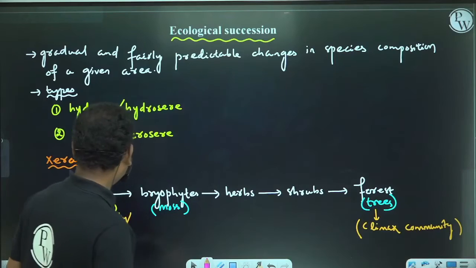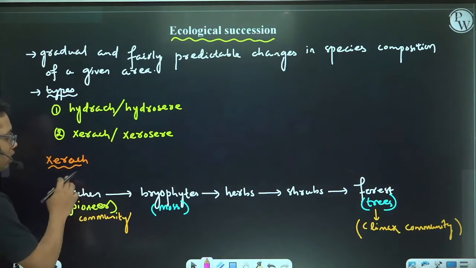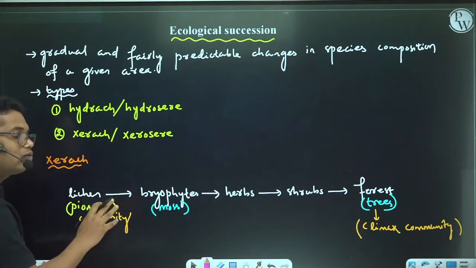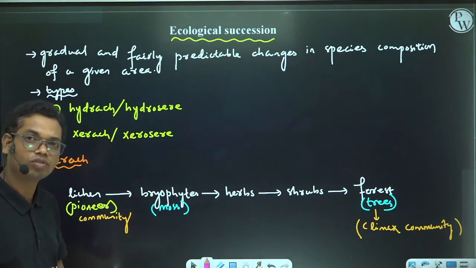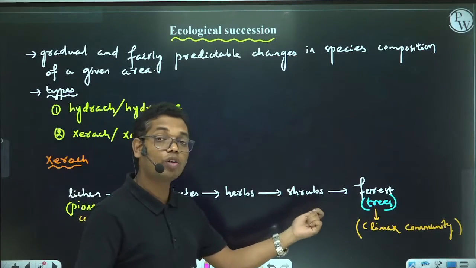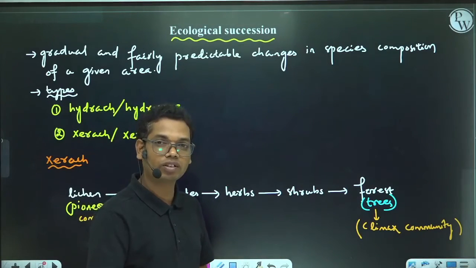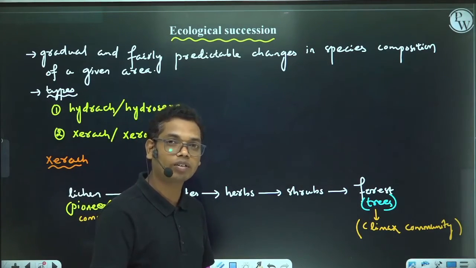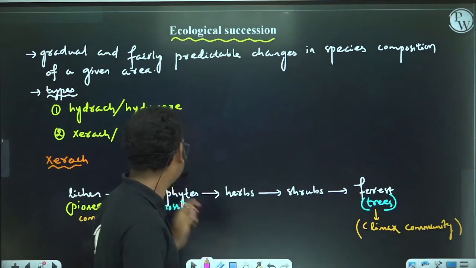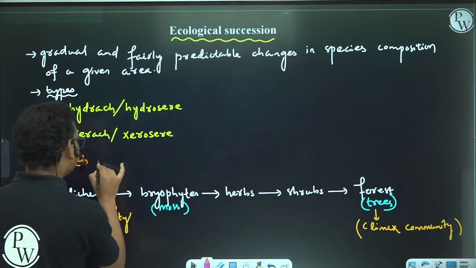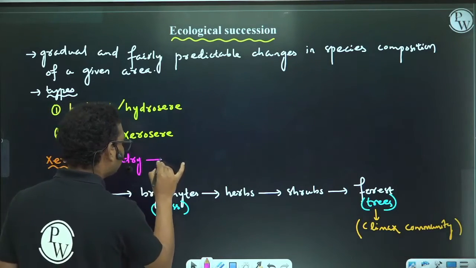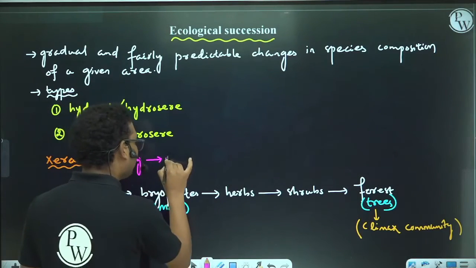In xerarch, for example on rock, it is lichen. On rock, the water content is very little, that means dry condition is there. In a forest, the soil will have a moderate amount of water, and that condition is called mesic condition. So in xerarch, the dry condition is being converted into the mesic condition.